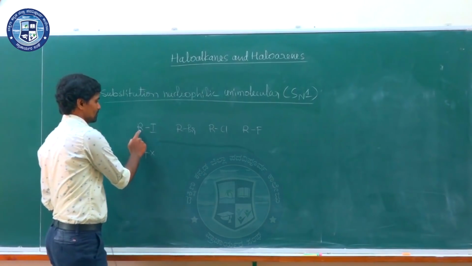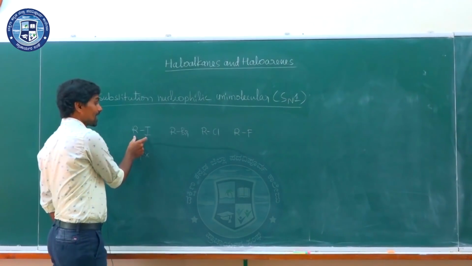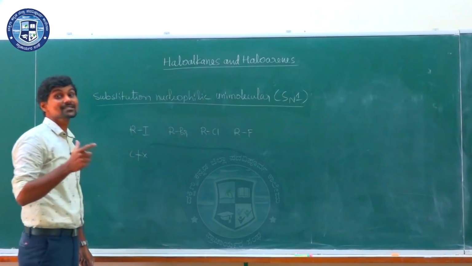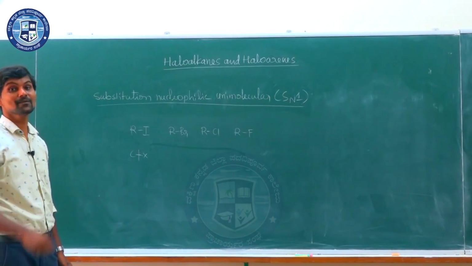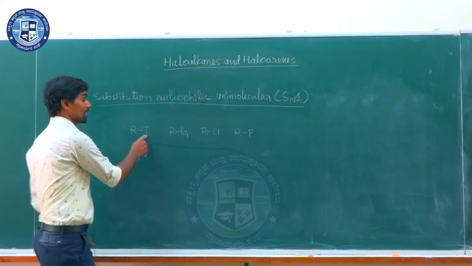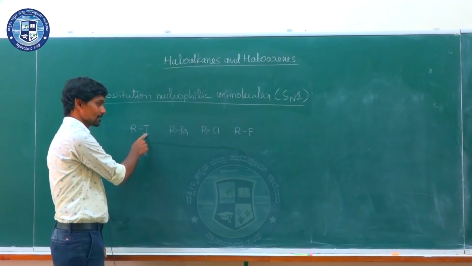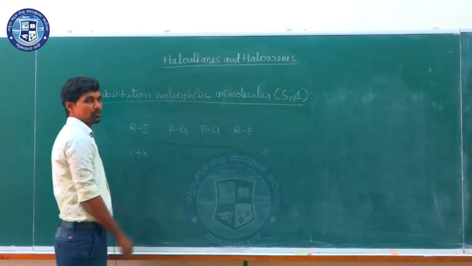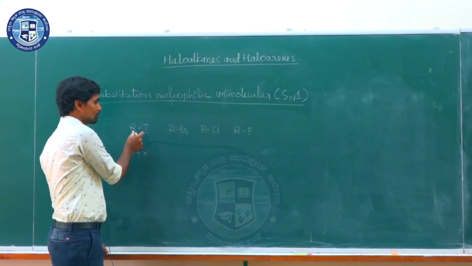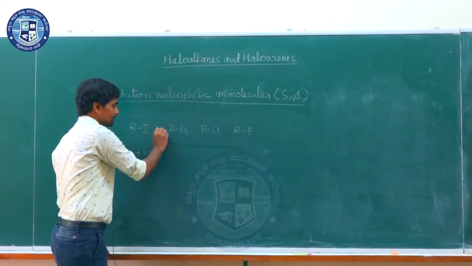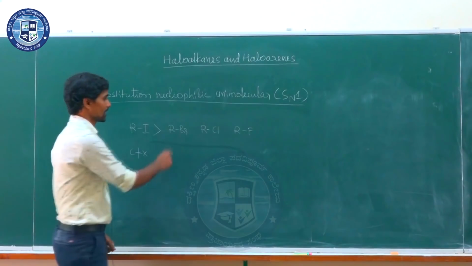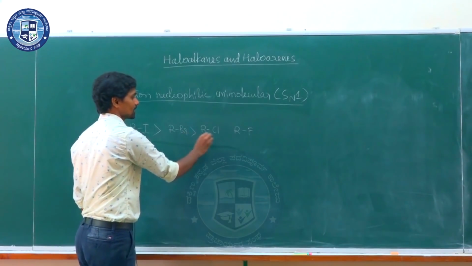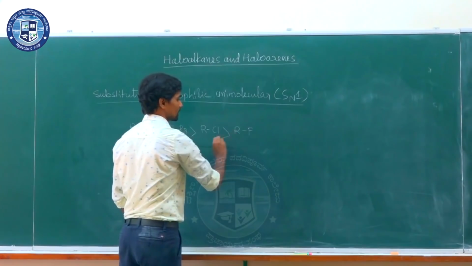In the case of alkyl iodide, the carbon iodine bond length is more. Because of that reason, bond strength will be less. So, the carbon iodine bond can be broken easily compared to carbon bromine, because the bond length is more, the bond strength is less. And therefore, alkyl iodide shows higher reactivity than alkyl bromide, than alkyl chloride, than alkyl fluoride.